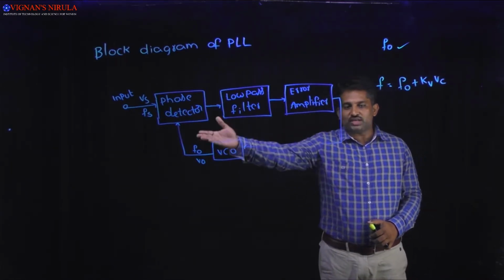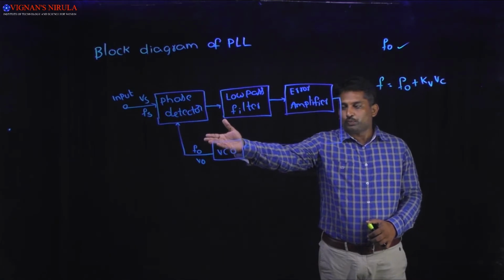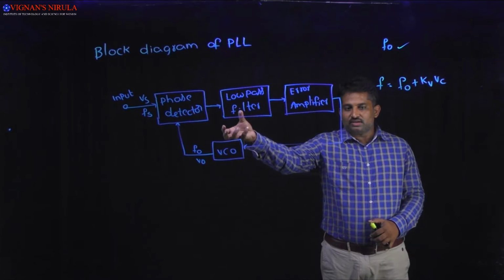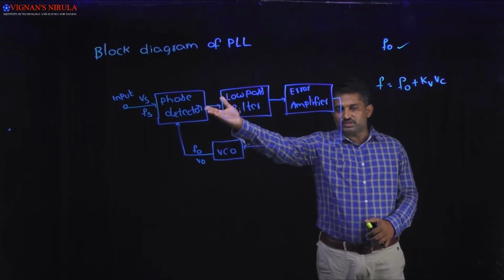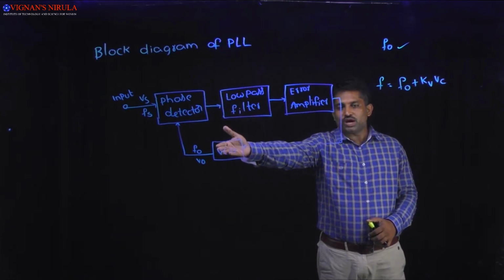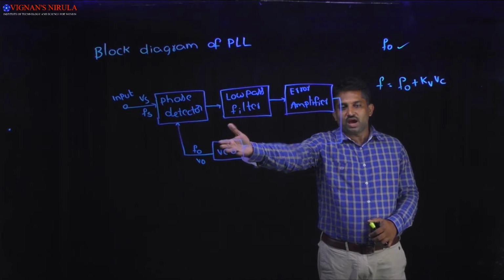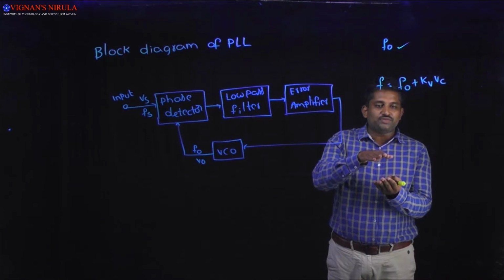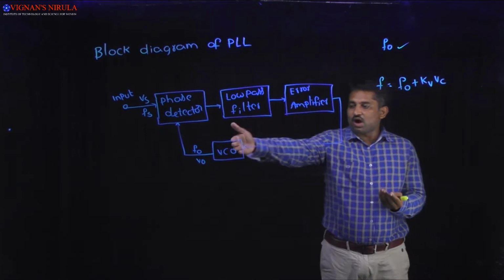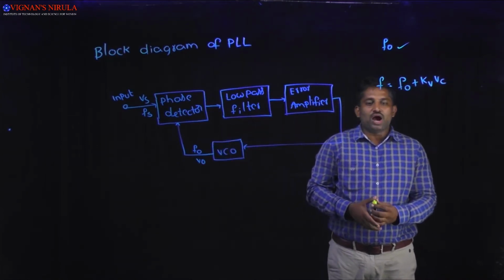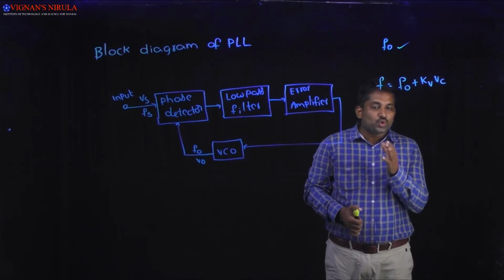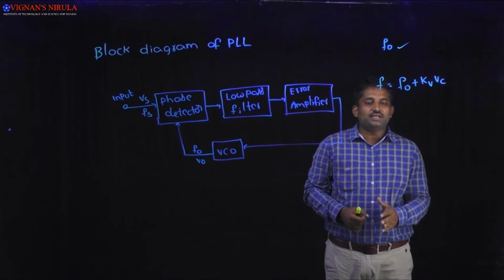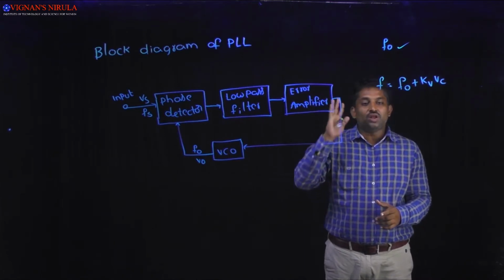The error voltage or control voltage pushes the VCO to produce an output frequency which reduces the difference between the input signal and the output of the VCO. It will always try to reduce that difference, and this process is known as capturing. It continues until the PLL is locked.